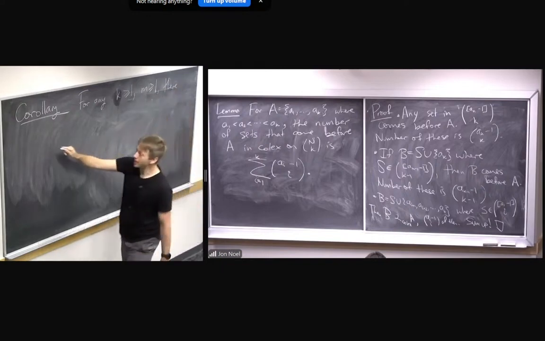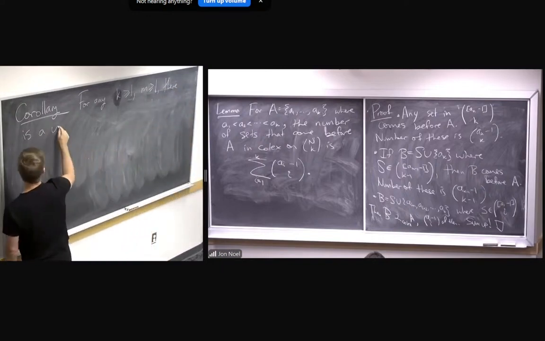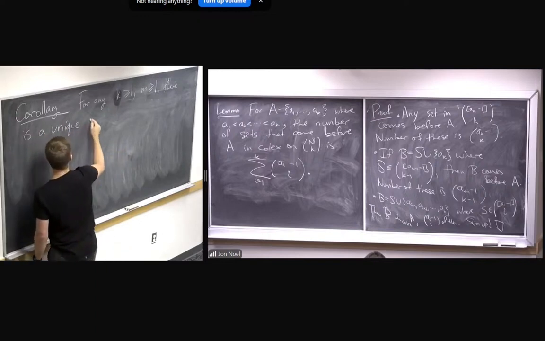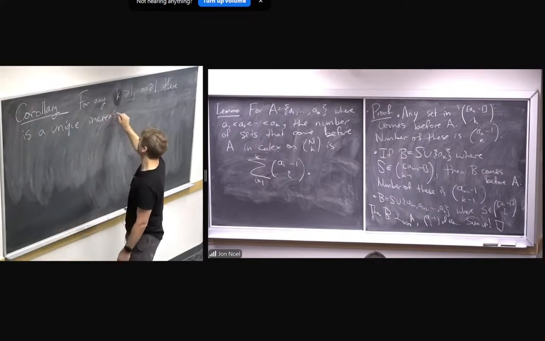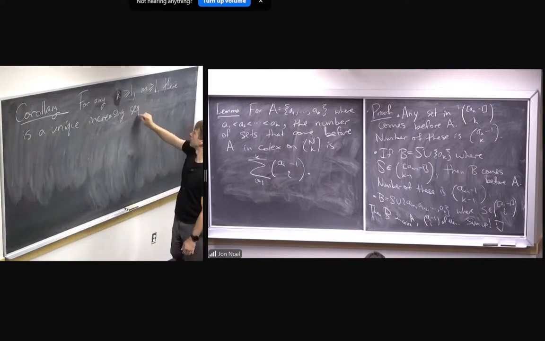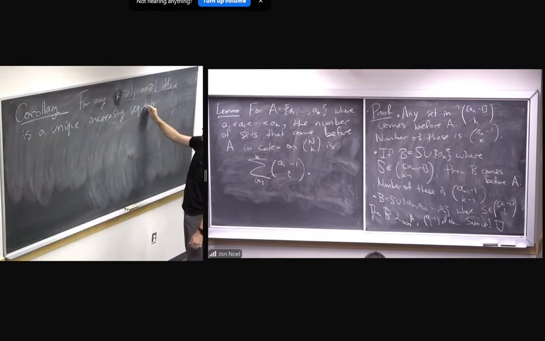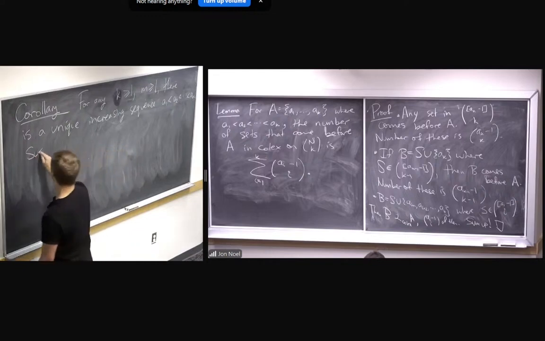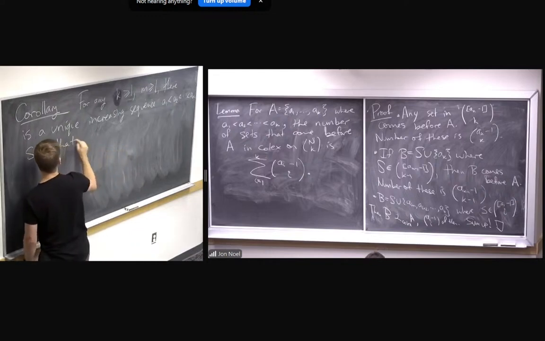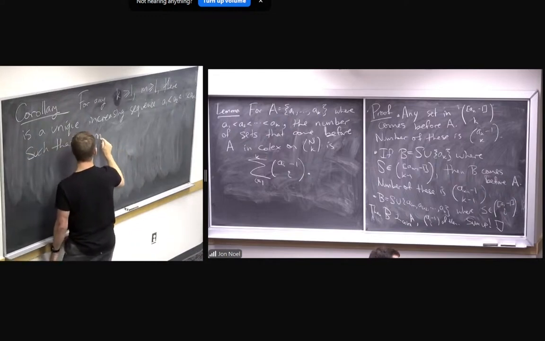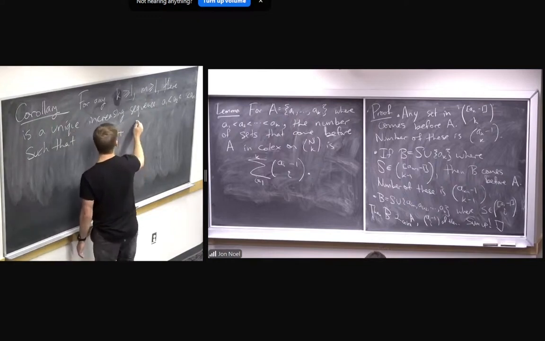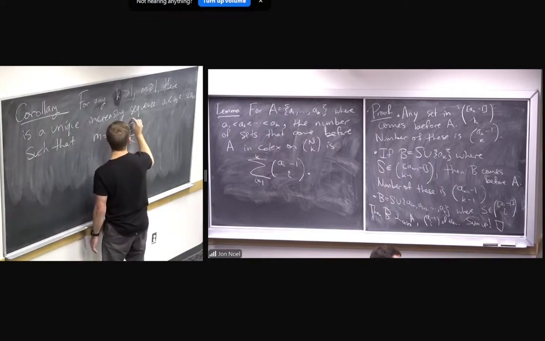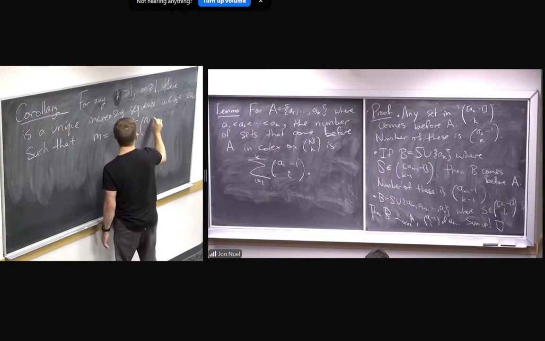there is a unique increasing sequence A_1 less than A_2 up to A_k such that m is equal to 1 plus the sum from i equals 1 to k of A_i minus 1 choose i.